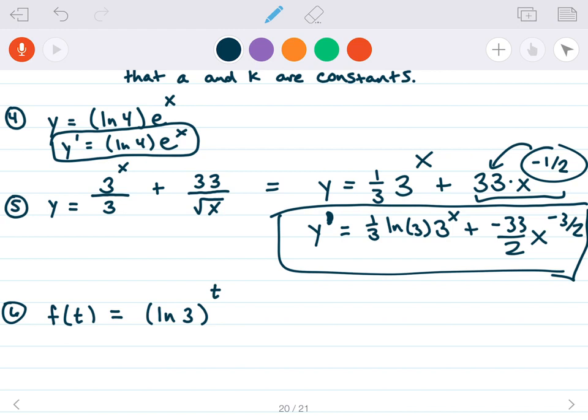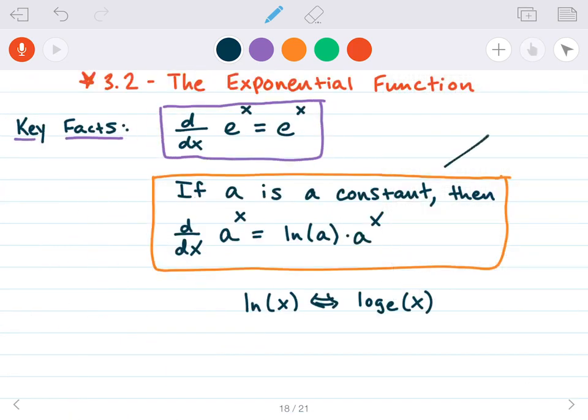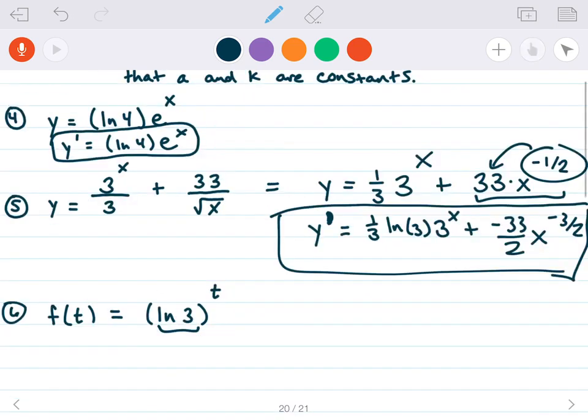All right, and the last one here, we have f of t equals ln of 3 to the t. Well, again, we think of ln of 3 just as a number, right? A number that your calculator can give you. And so we're using the orange rule right here for this one.